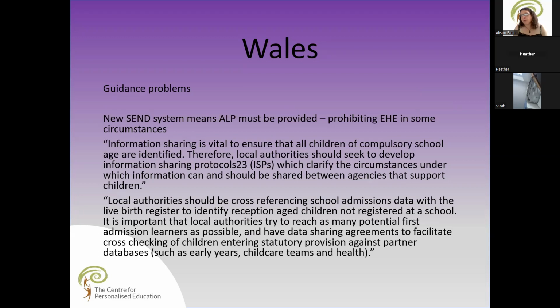They've also, they're breaking GDPR all over the place with the information sharing. They've asked people to have cross-referencing organisations. They're cross-checking children entering statutory provision against partner databases such as early years childcare teams and health. It's going to lead to a disaster, really. They think they're safeguarding children by doing this.